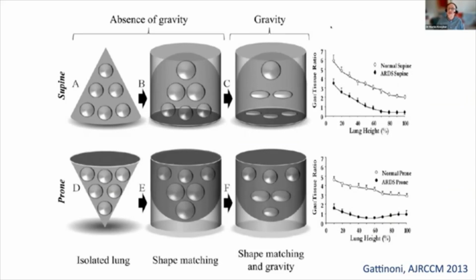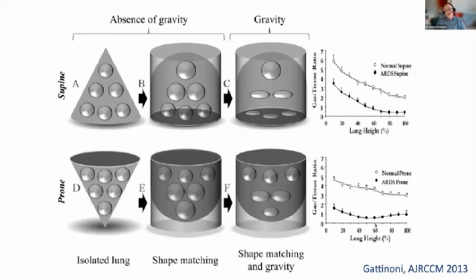If you look at the ARDS patients in the supine position, in the non-dependent parts of the lung the gas tissue ratio was greater and it decreased in the dependent parts of the lung, meaning that the non-aerated lung tissue was larger in the dependent lung zones, whereas in the prone position this was more or less homogeneous throughout the entire lung.